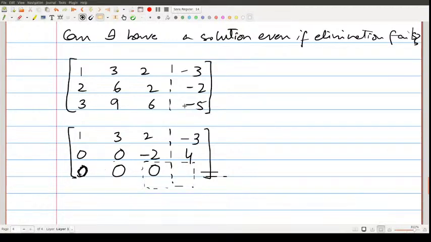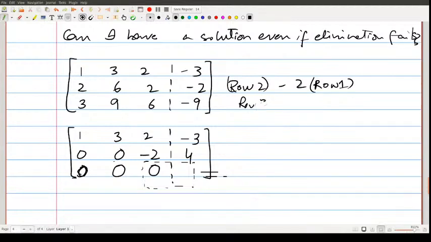And the way I do this is I change my system. I find a new system, and so let's say I put this as 3, 9, 2, 6. Let's make this minus 9. Now let's do again the same thing: row 2 minus 2 times row 1, and row 3 minus 3 times row 1.